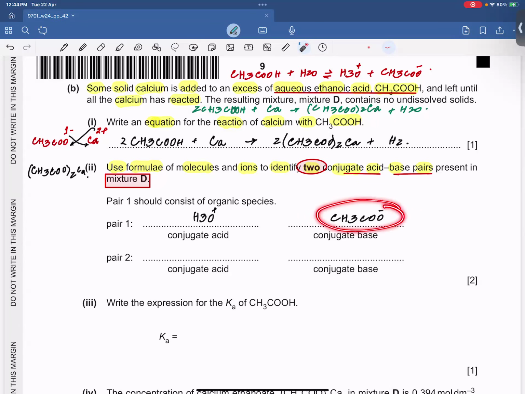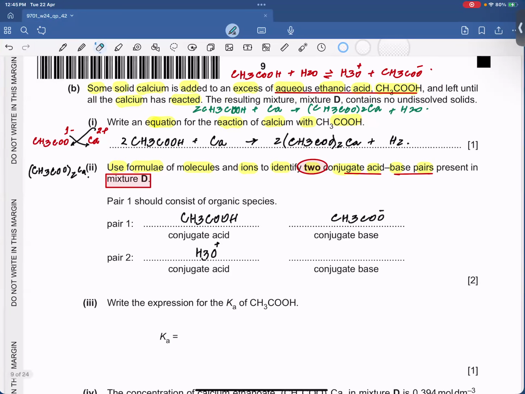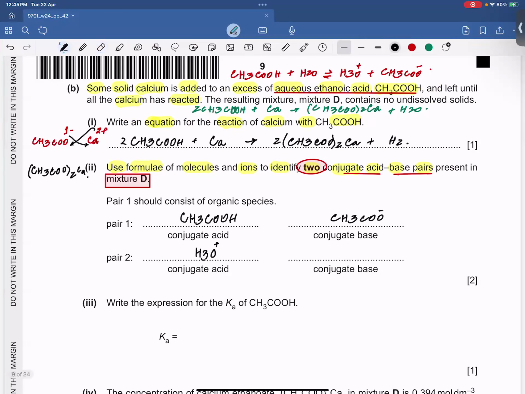If the conjugate base is ethanoate ions, obviously this must be ethanoic acid because both correspond to each other. So if it is a conjugate acid, obviously it will give you a conjugate base. Similarly, the conjugate acid is H3O plus, so the conjugate base is what?